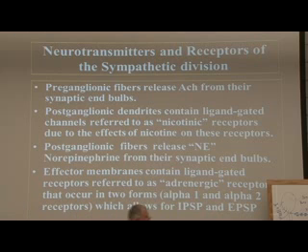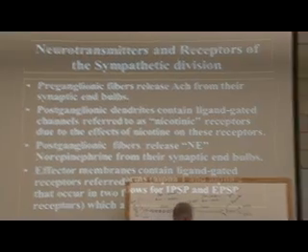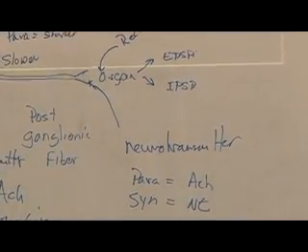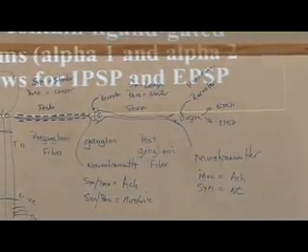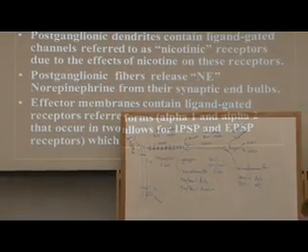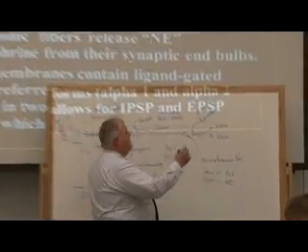And so within the sympathetic nervous system over here, we have NE, which is norepinephrine, that is the neurotransmitter. So we have a different neurotransmitter within the sympathetic system. And we have different receptors too.